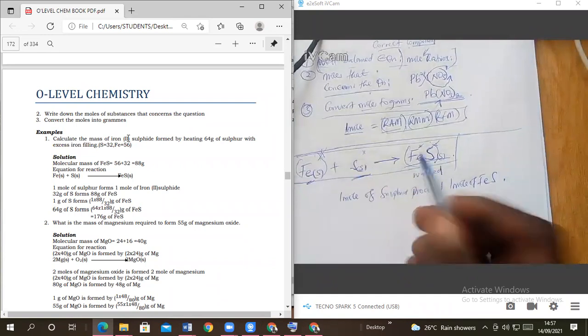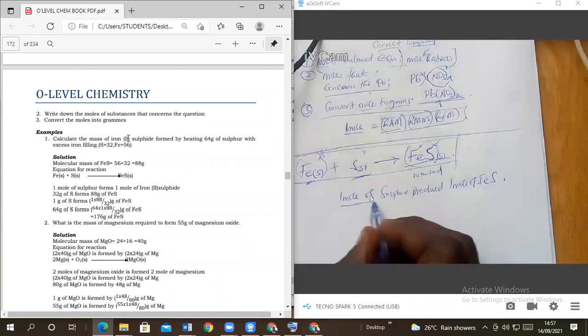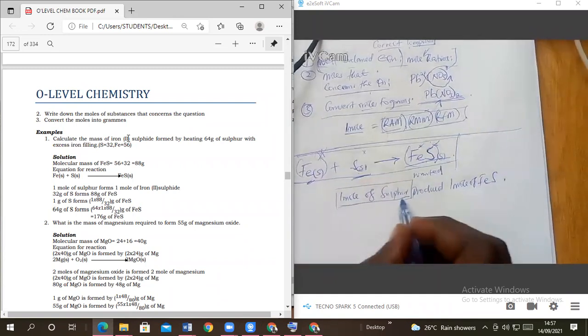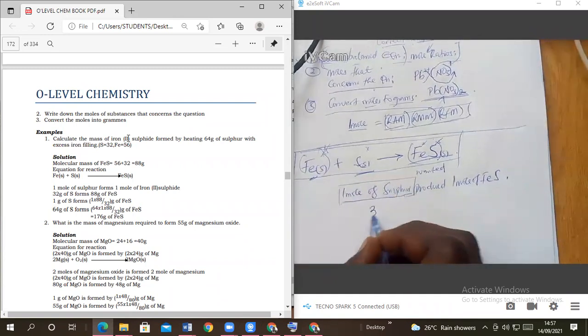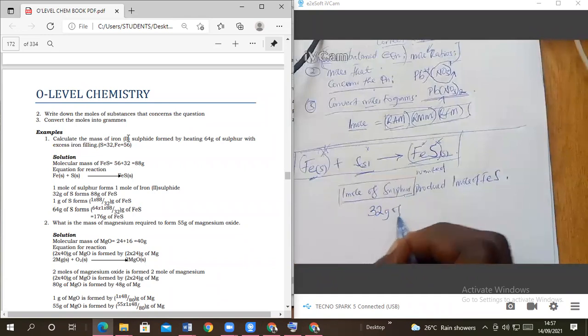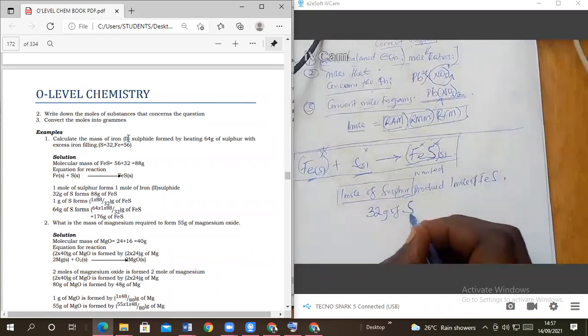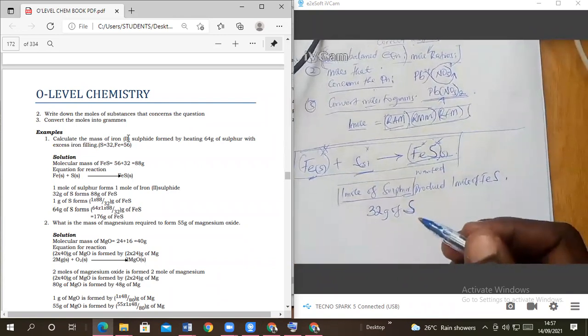Write this and this. So you go to the table that has the relative atomic masses. 1 mole of sulfur is equivalent to 32 grams of sulfur. If you don't have the table, I don't know how we are going to get it, but sulfur is 32 grams. That's the relative atomic mass of sulfur.